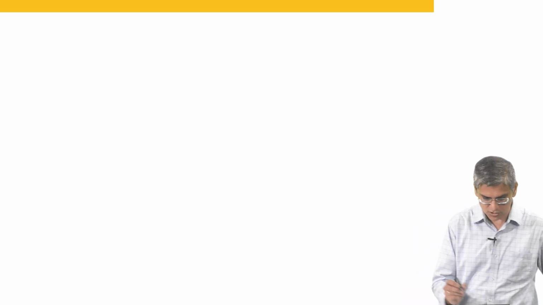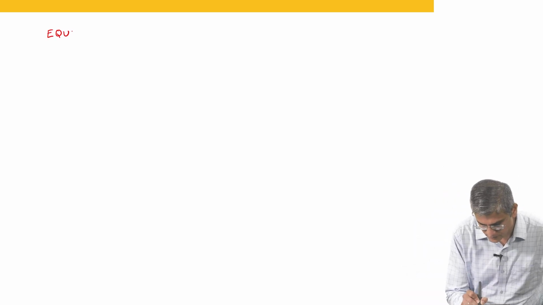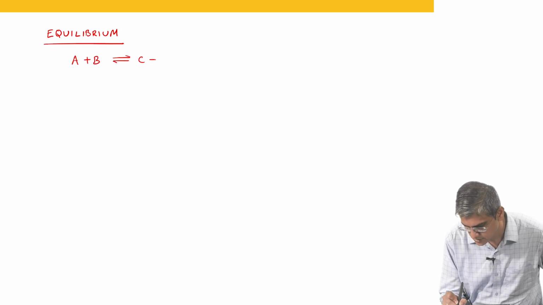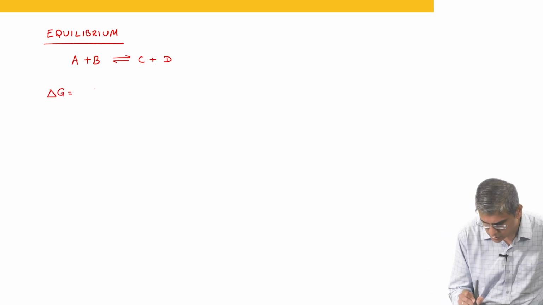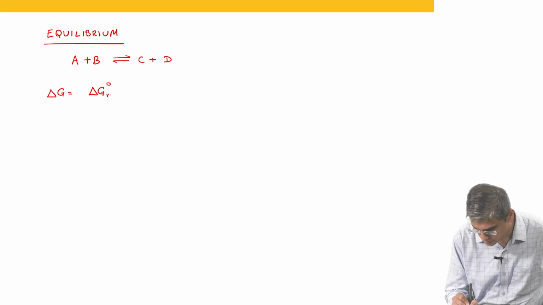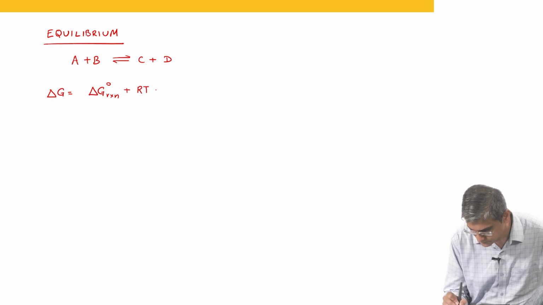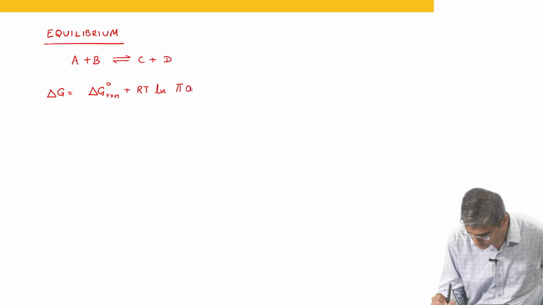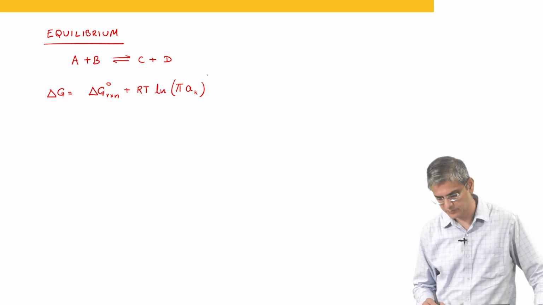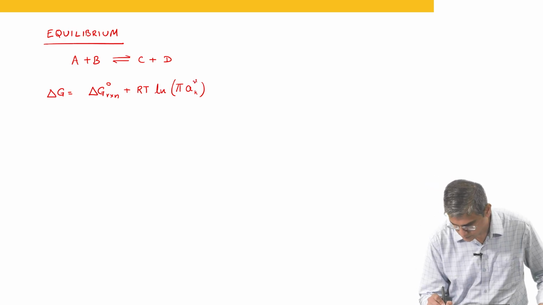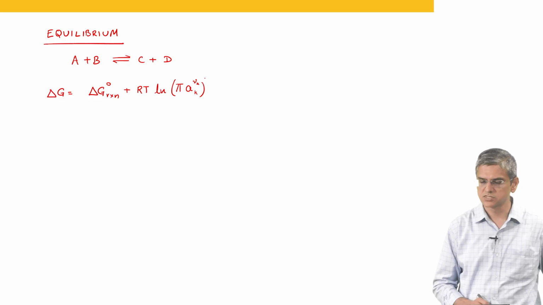The other question was about equilibrium. When it comes to reactions, same reaction we can take as... okay. So, delta G... okay, this is how you get.